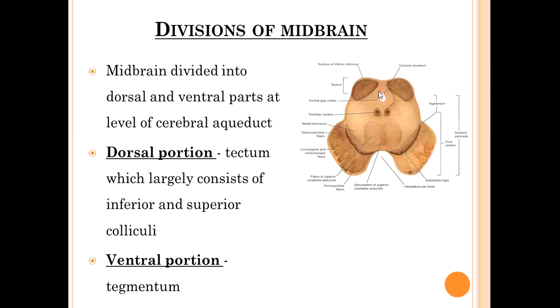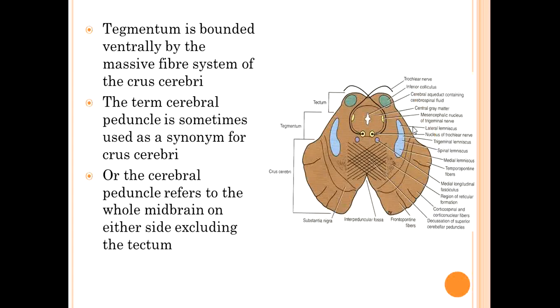Dorsal to the cerebral aqueduct is the tectum, and ventral to this is the tegmentum. The dorsal portion consists of the inferior colliculus or superior colliculus, and the ventral portion is the tegmentum. The tegmentum is bounded ventrally by this massive fiber system known as the crus cerebri.